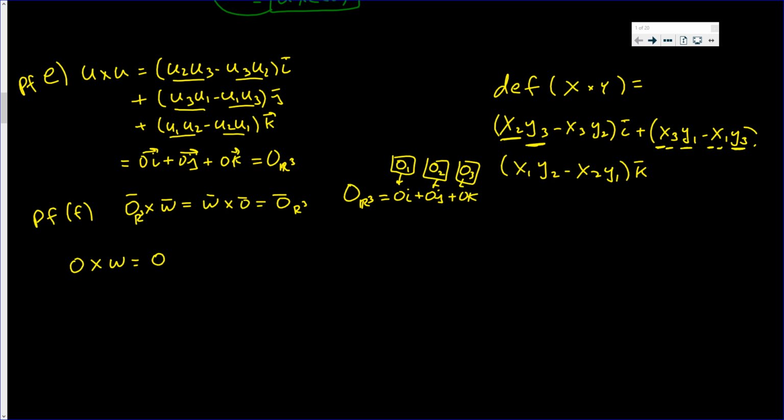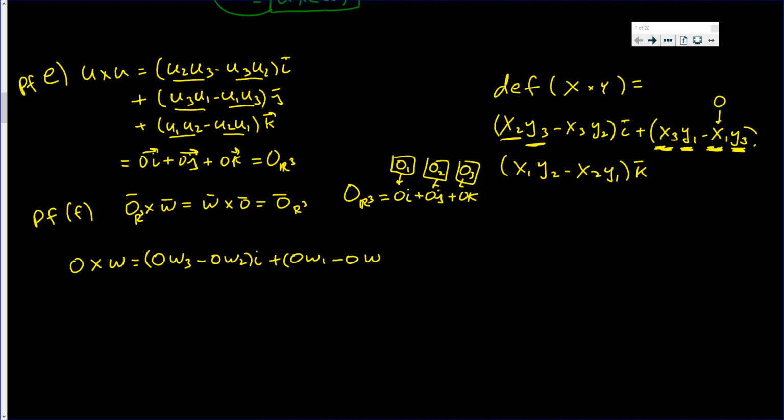So you have 0 times W3 minus 0 times W2, that's in the i direction, plus 0 times W1 minus anything in the 0 vector is 0 times the second and the third.